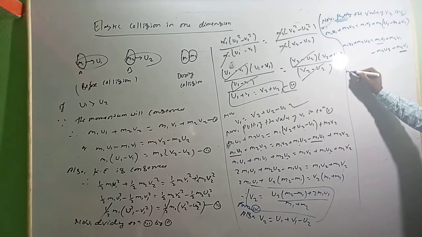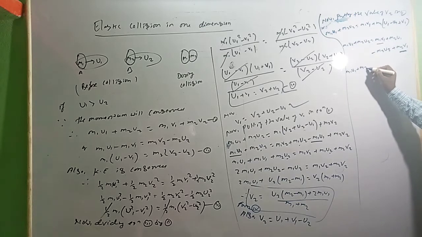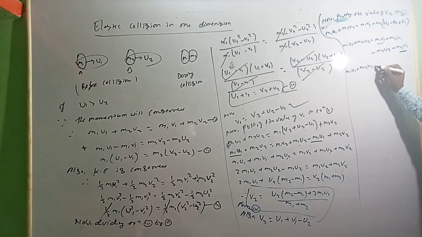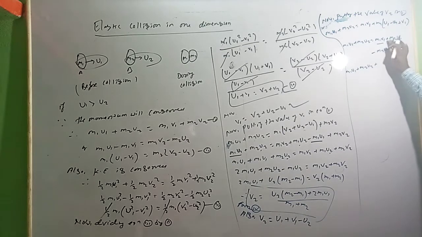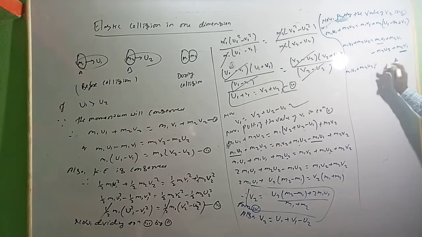So you will write m1 u1 plus m2 u2, minus m2 u1 plus m2 u2, and take common here, or one time you can write m1 v1 plus m2 v1.